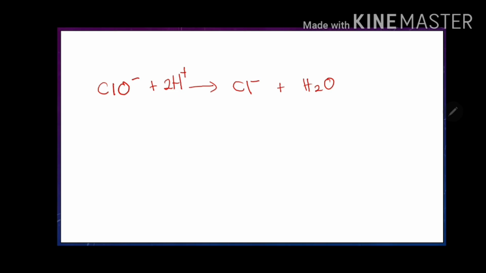On the left side is -1 because here is negative. Total up the charge plus 2, positive 2, so the total of the charge is positive 1.